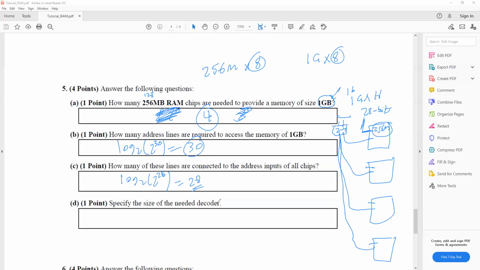Okay, specify the size of the needed decoder. We already answered it. If you use 28 for all the chips, that leaves you with a 2-bit difference between the big memory and the memory you're using, and therefore the size is going to be a 2 to 4 decoder.